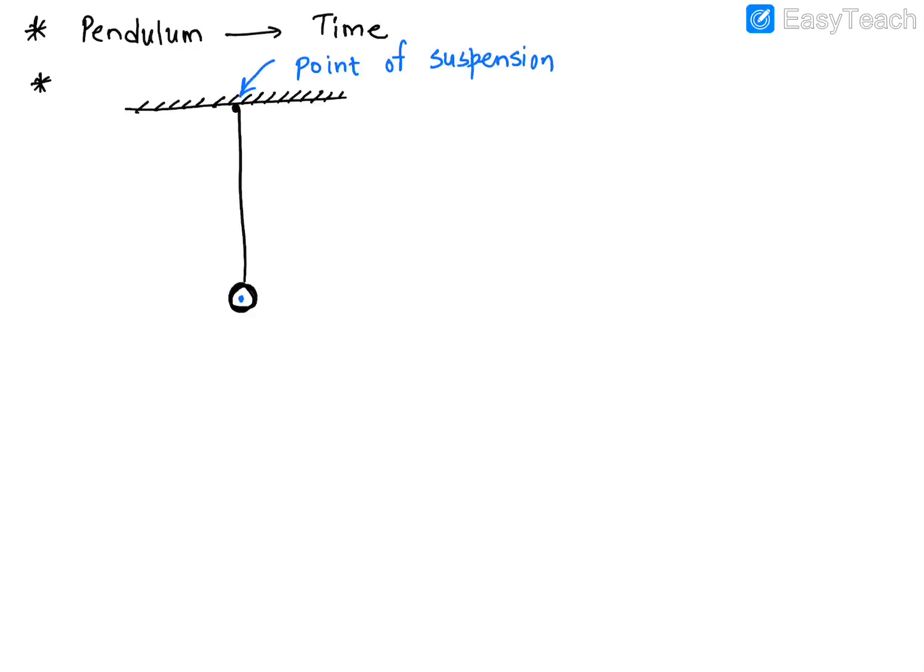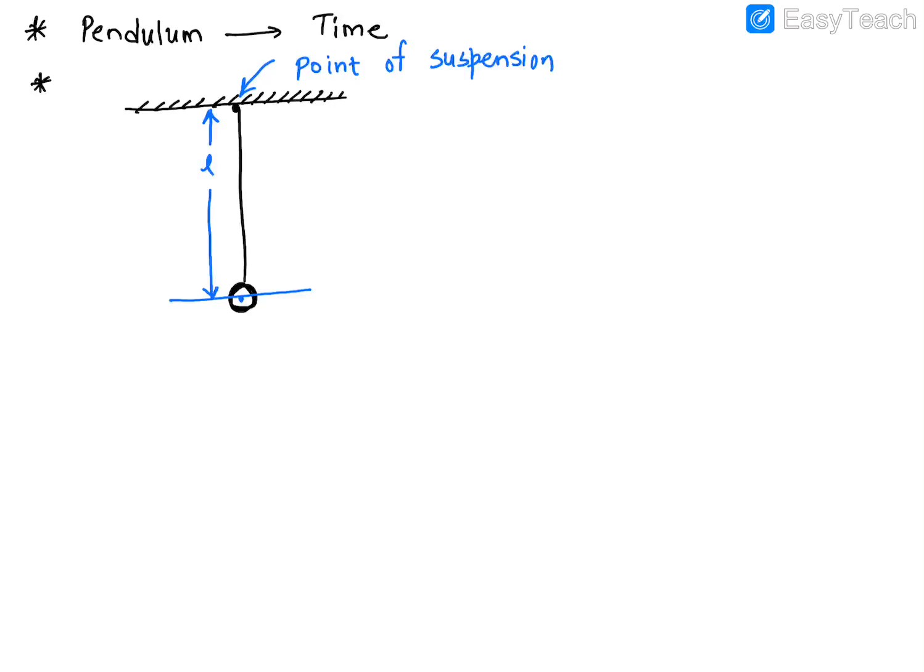Now the distance from the point of suspension, from here till the center of the bob, or the center of gravity of the bob, which is also called as center of oscillation, till there, it's called as the effective length.